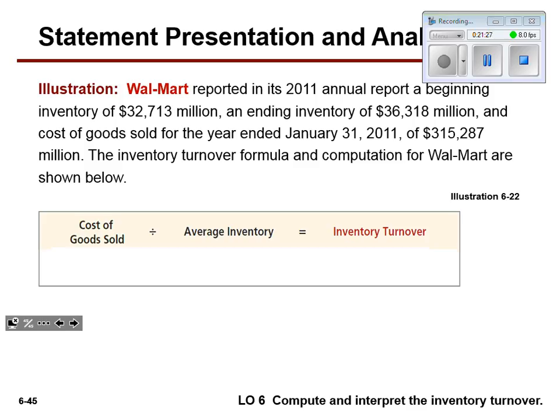This is, and they just did it in more of a horizontal fashion. If I did COGS divided by average inventory, that would be the vertical look. And remember, average inventory is beginning inventory. Sorry for my mistake on that earlier. Plus ending inventory divided by 2.